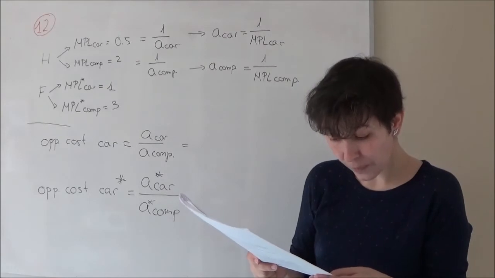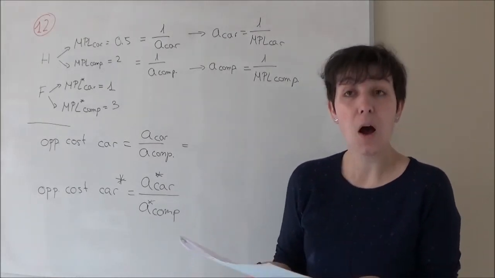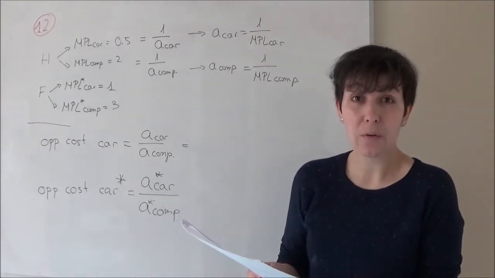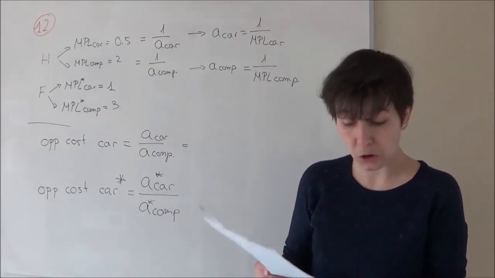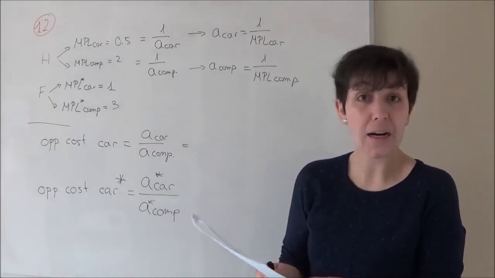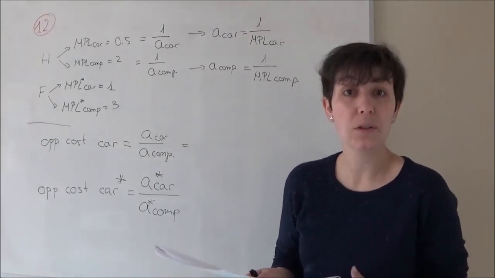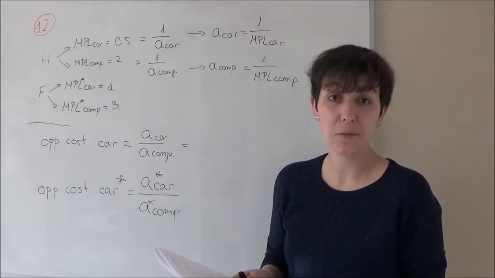Foreign is going to specialize in the production of cars instead of computers. So we should expect then that the comparative advantage in the case of the foreign economy is going to be in the car industry. So the opportunity cost of producing 1 unit more of car is smaller in that economy than in the home economy.